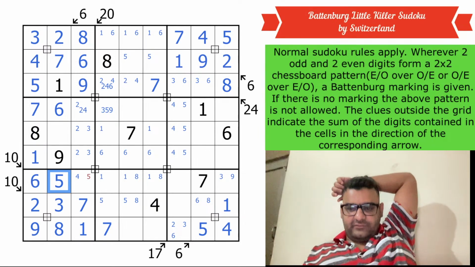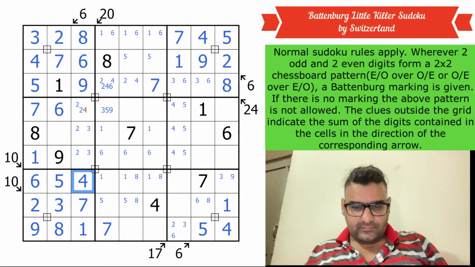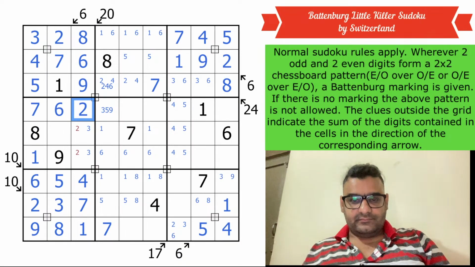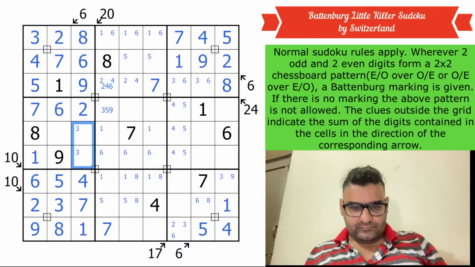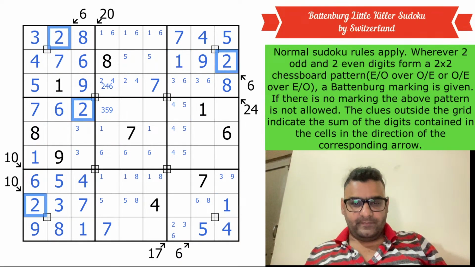So five would be any of these, not these, any of these. So it means we have this four. So this cannot be four. This could be two. This could be two, four, six. These two do not have it. We already have one, two.